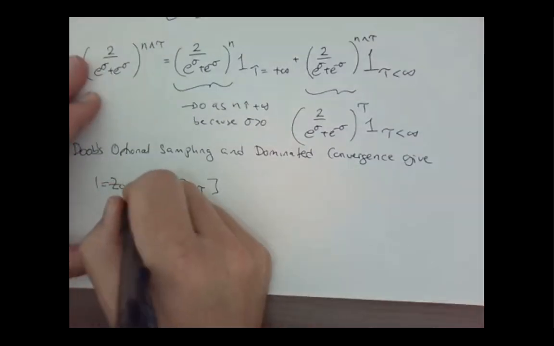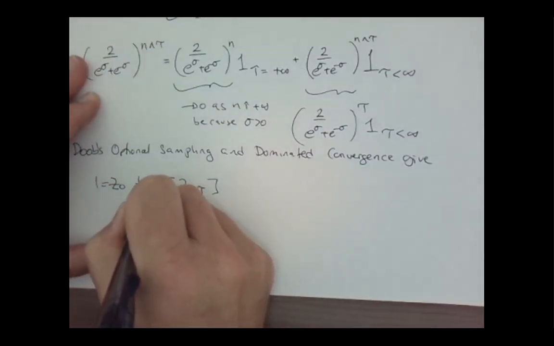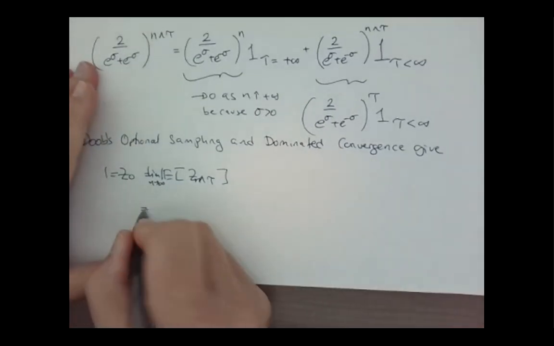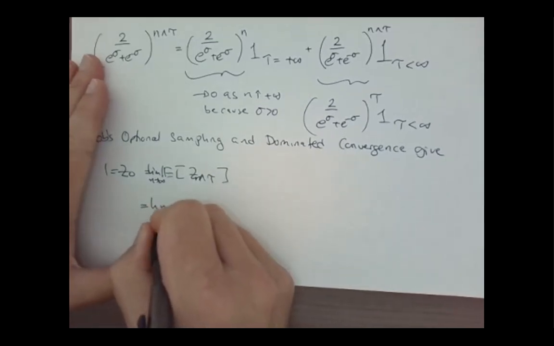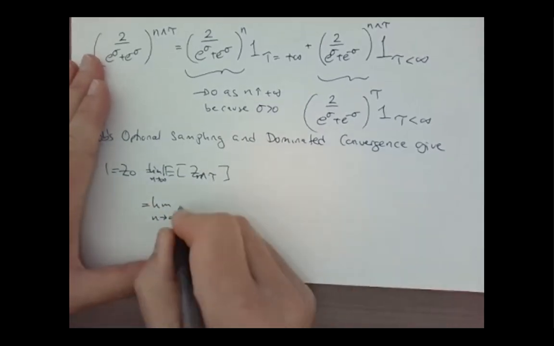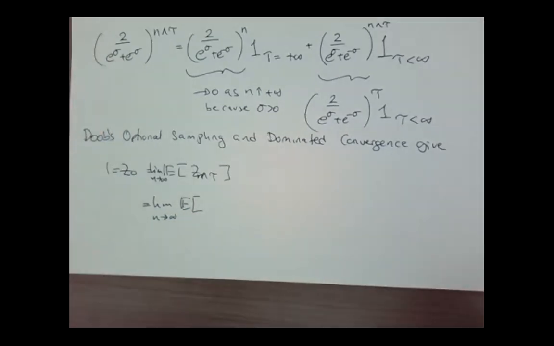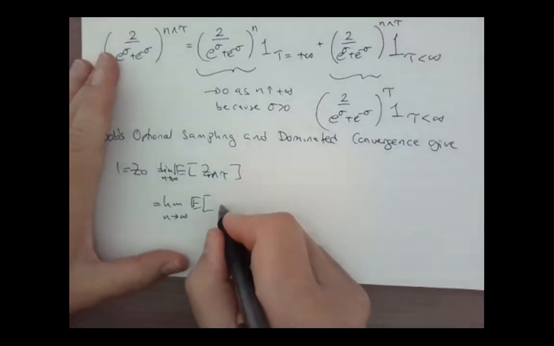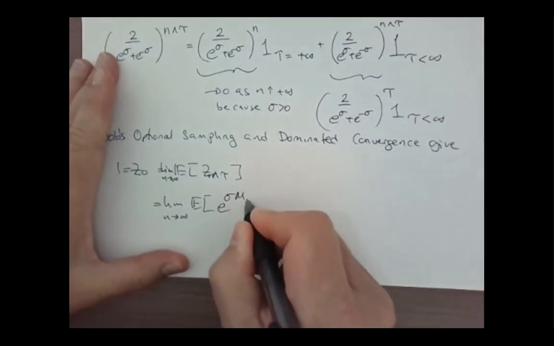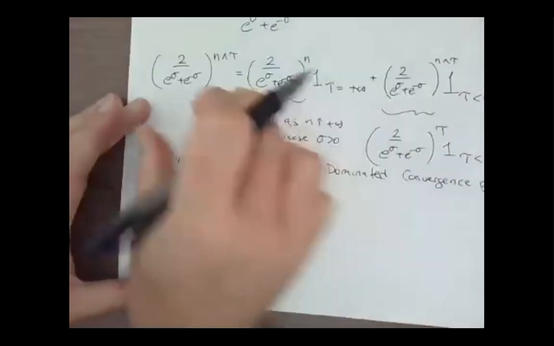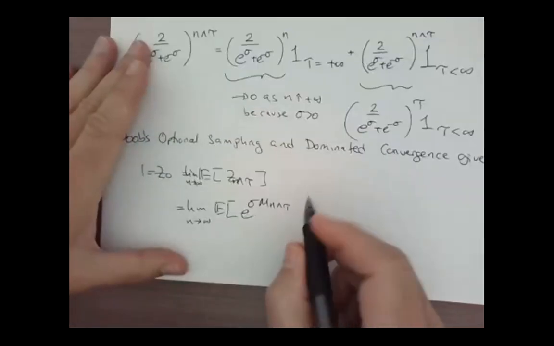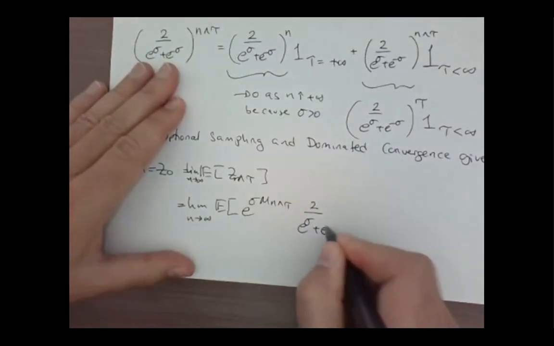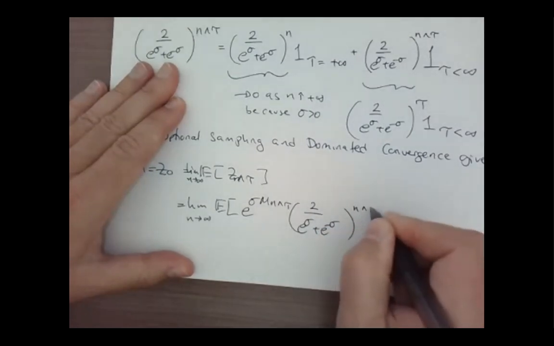And I'll take a limit. I'll write out what this expectation is. I will have e sigma M n min tau, and then this quantity here, 2 divided by e sigma plus e to the minus sigma, to the power n min tau.